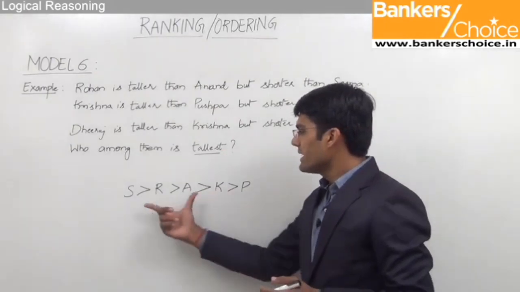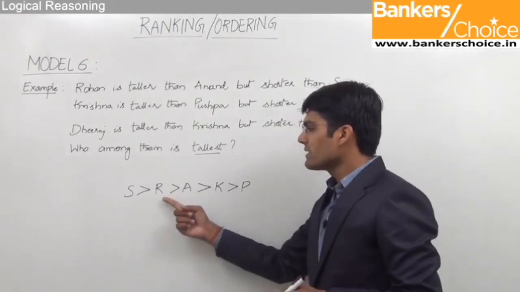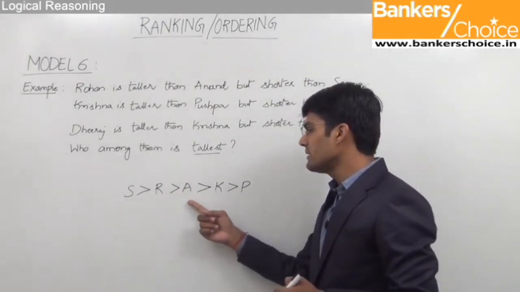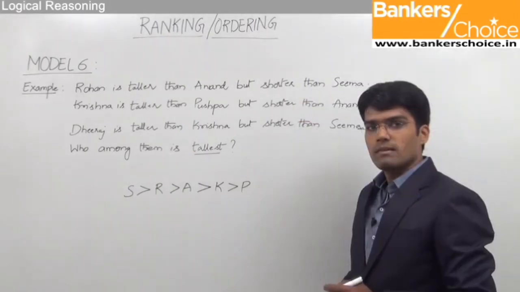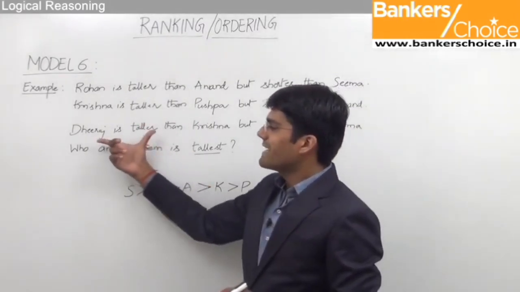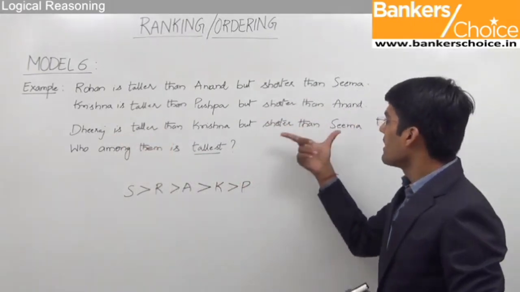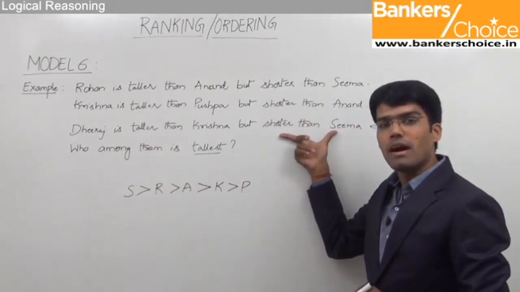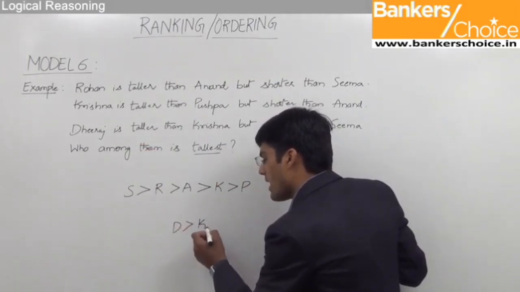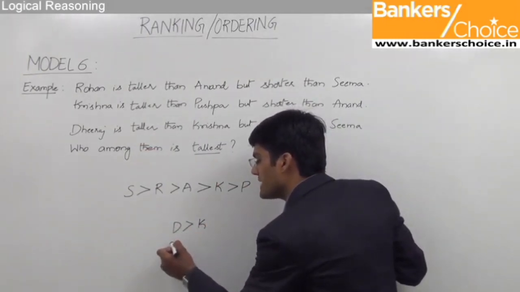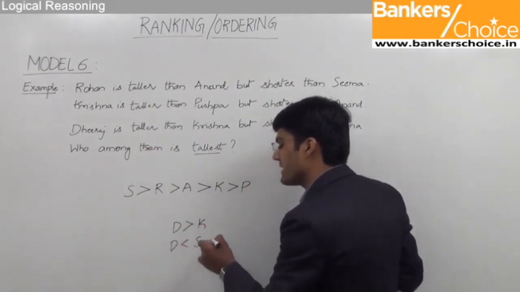So now the statement becomes Seema is taller than Rohan, Rohan is taller than Anand, Anand is taller than Krishna, and Krishna is taller than Pushpa. Moving on to the last statement, it says Dheeraj is taller than Krishna but shorter than Seema. That means Dheeraj is taller than Krishna and shorter than Seema. So Dheeraj is shorter than Seema.